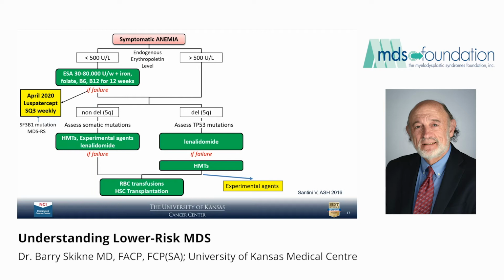So if we're going to find this abnormality in a patient with deletion 5q, we're not going to treat them for too long, and we're going to change to some other therapy or look for some other therapy. So normally we treat these patients with lenalidomide, as I'd mentioned earlier.